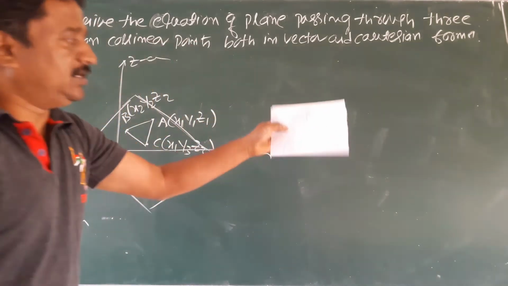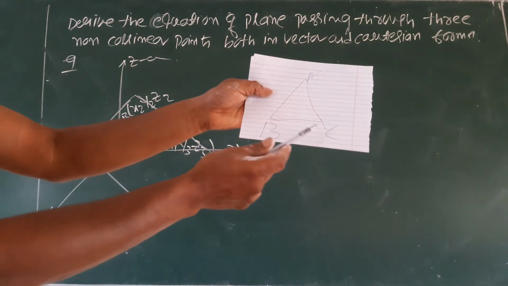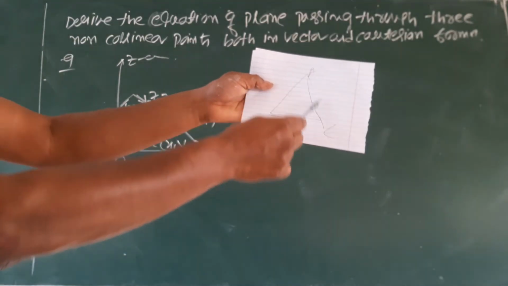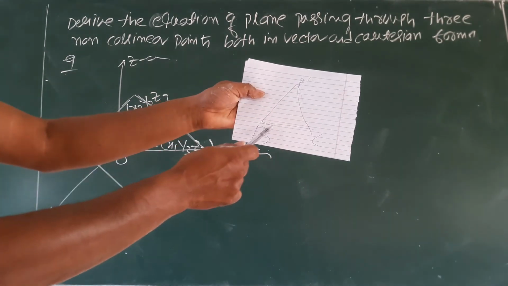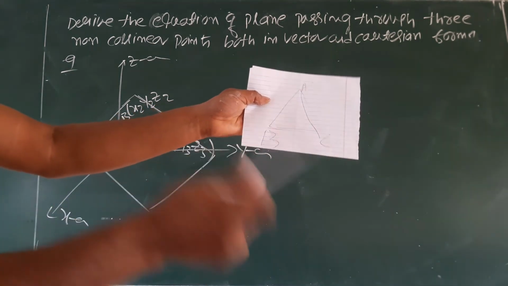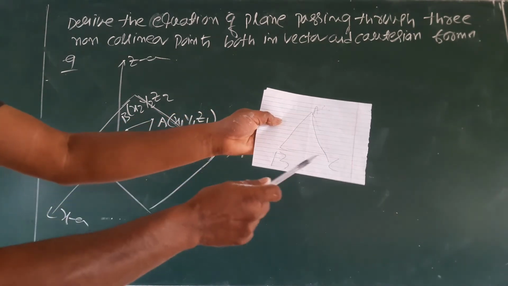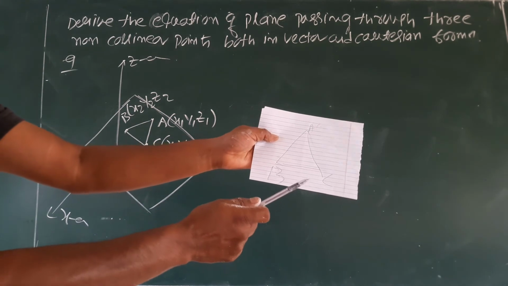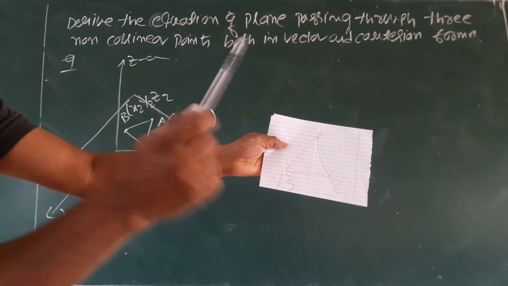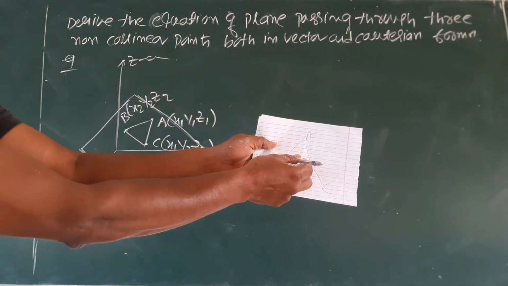Look at this, students. We have drawn three non-collinear points A, B, C. Observe this vector AB and vector AC. They lie on the plane itself. Note that point, students. Further, you learned this concept in the vector chapter: AB cross AC must be perpendicular to the plane.